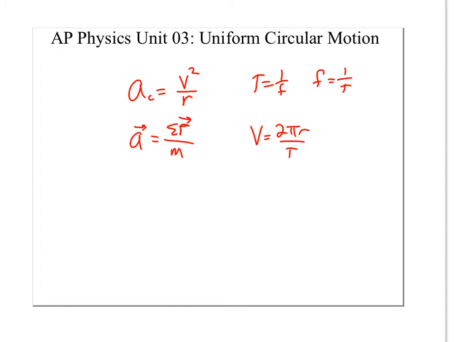If we're given the radius and the period instead, we can use that v to calculate our acceleration. And we also have Newton's second law, net force equals ma, but in this case that a is v squared over r. And don't let this layout of the equation fool you. It's the exact same thing. It's still just net force equals ma.